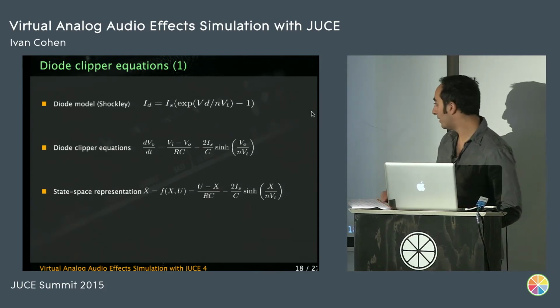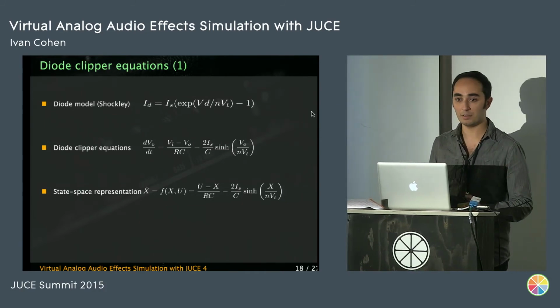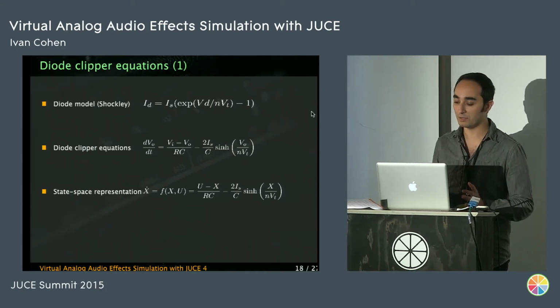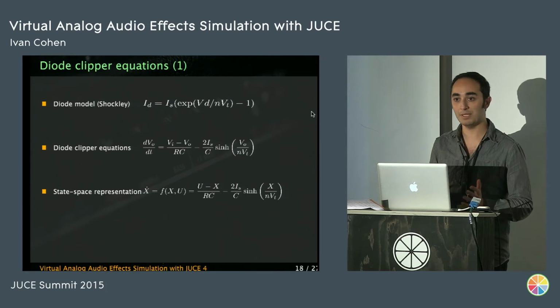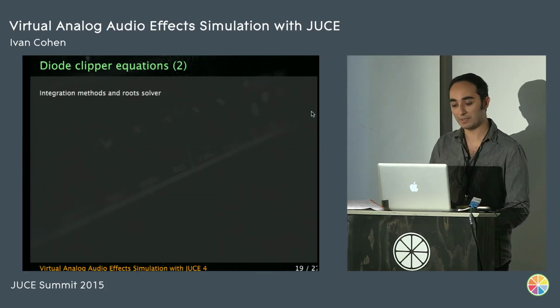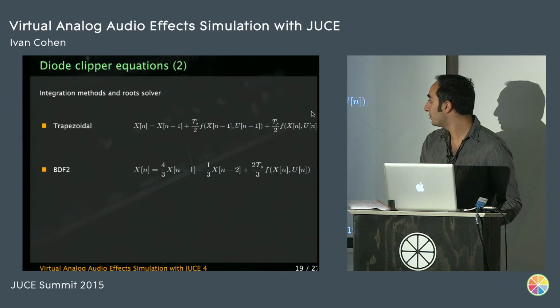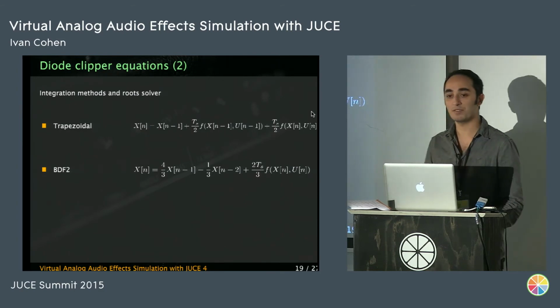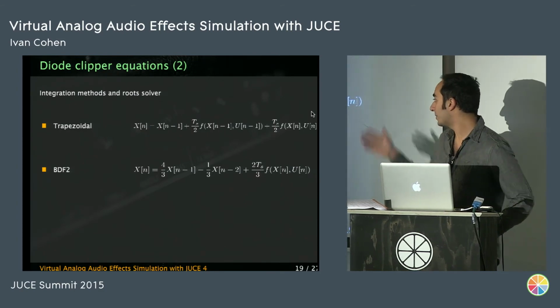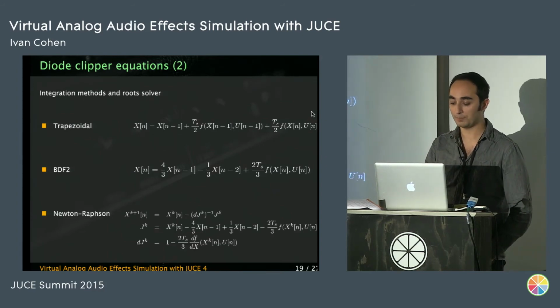And with that, we already have the model of our full schematic in the continuous world. So now we need to go to the digital world, and we are going to use what I call integration methods, like trapezoidal or BDF2. It's just something we do from the equation we have seen just before, and by doing that, we can get all our outputs.